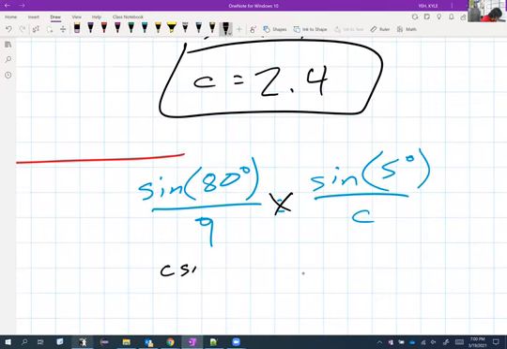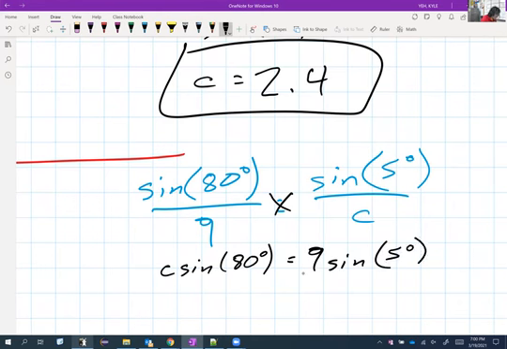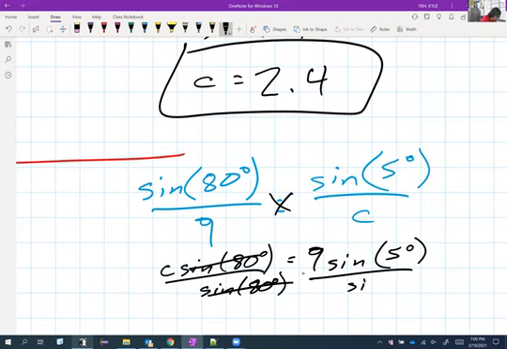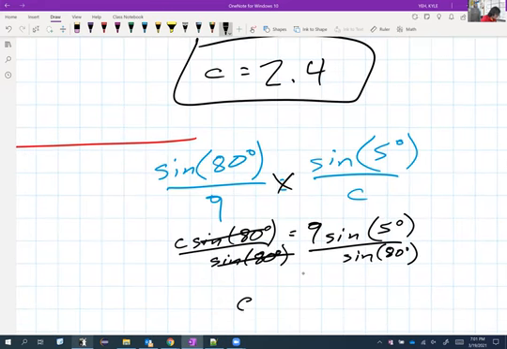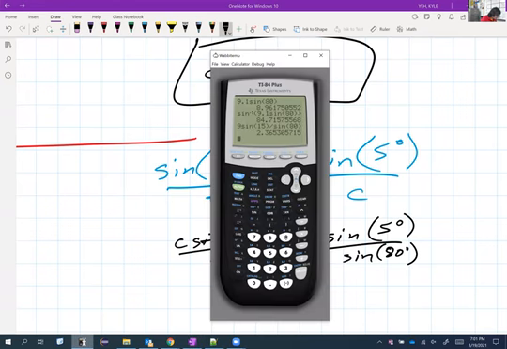So C sine of 80 degrees is equal to 9 sine of 5 degrees, divide by sine 80. And so we get C equals 9 sine 5 over sine 80, which is 0.8.